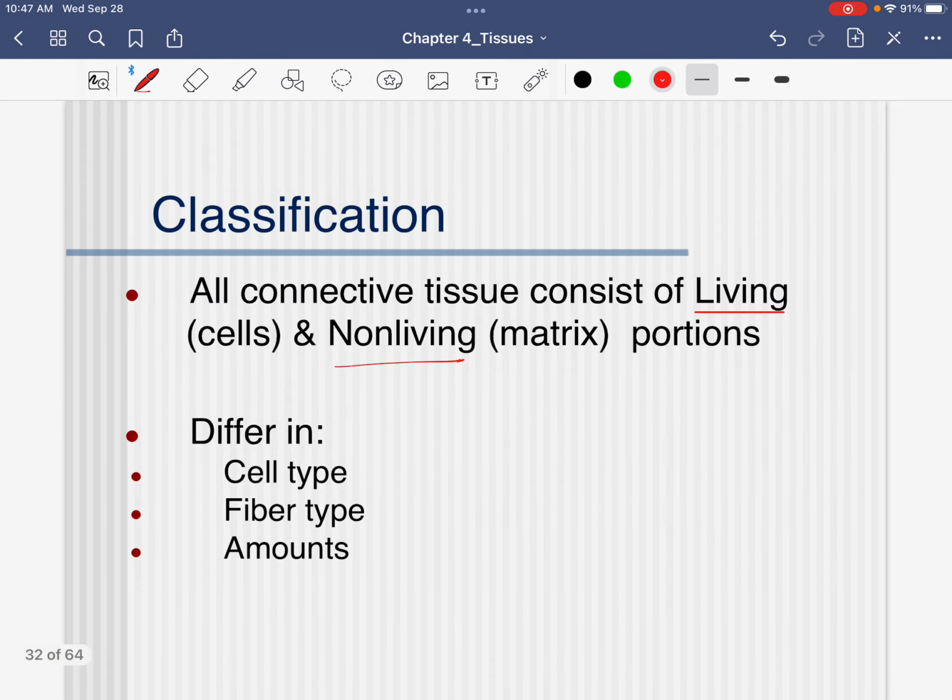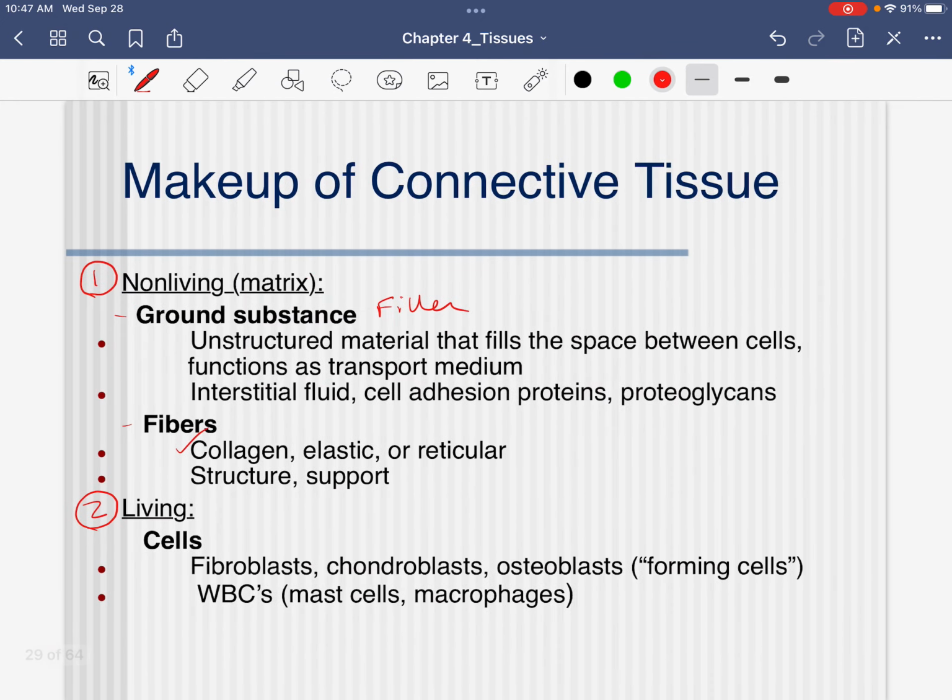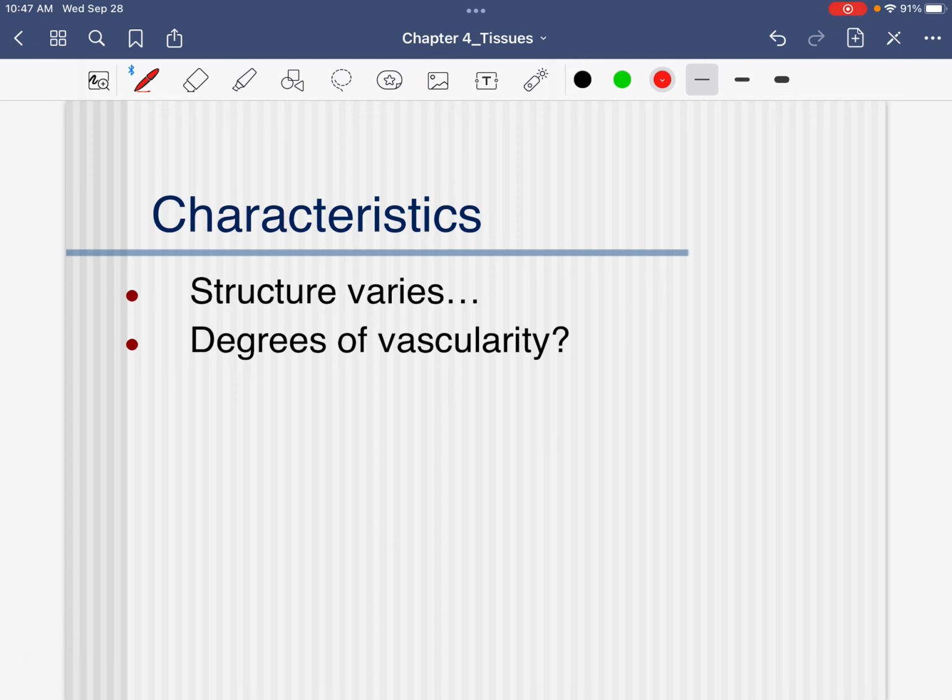So, let me just go back. There was one thing I wanted to say and I missed it. The degrees of vascularity. I have a slide later on, but I do want to introduce this. Some connective tissues have a great blood supply. Other connective tissues have a not so great blood supply. This is kind of unique to connective tissue.